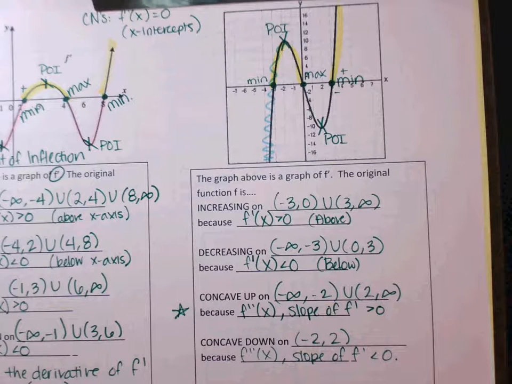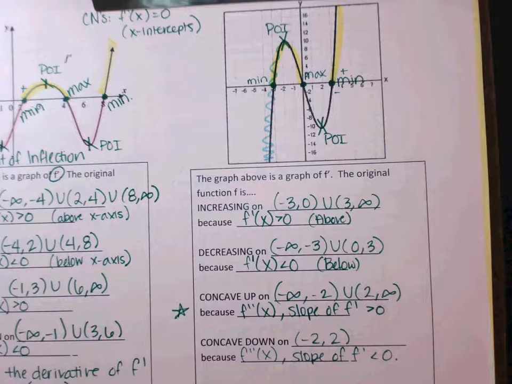So when f prime, this graph, is less than 0, it's going to be below. When does it stop being below though? This is zero. Okay, and then when is it negative again? When is it below again?